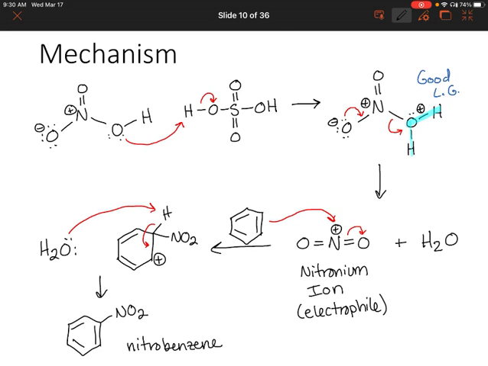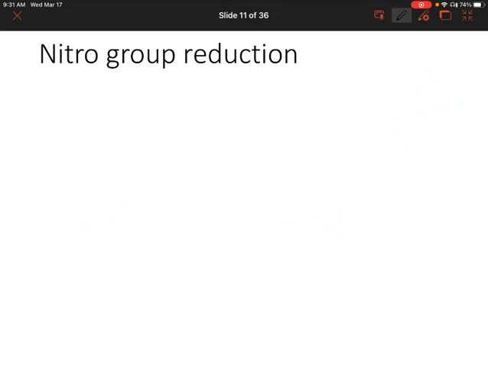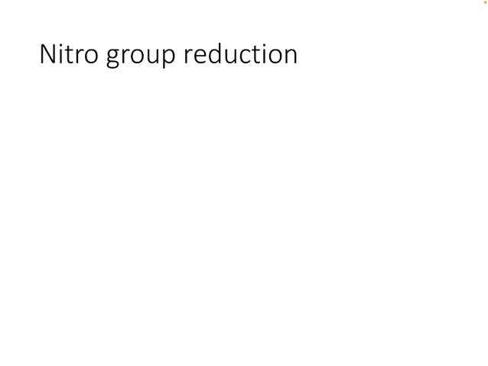All right, now there is one more reaction we can do from here. Let's say instead of a nitro group, you wanted to add an amine. So maybe you wanted to form aniline. What you can do is actually perform a reduction on that nitro group.